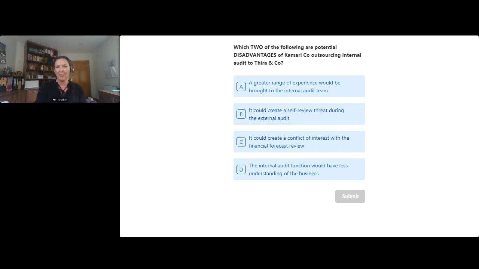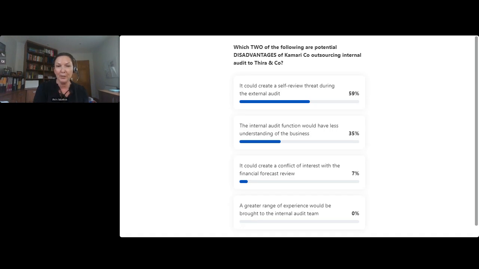Okay, coming in now. So which 2 would you choose? 3, 2, 1. Okay, right, let's look at the answers. So in terms of who voted for what, we can see that 58.6% of you voted for B, and 6.9 for C, and 34.5 for D.